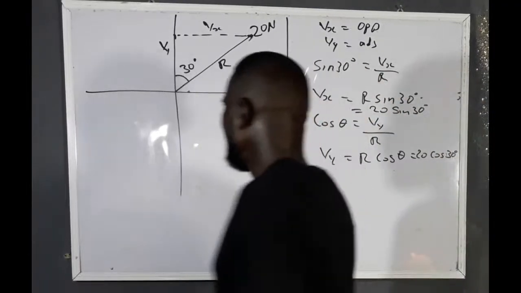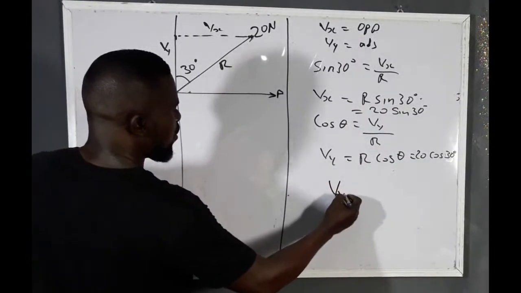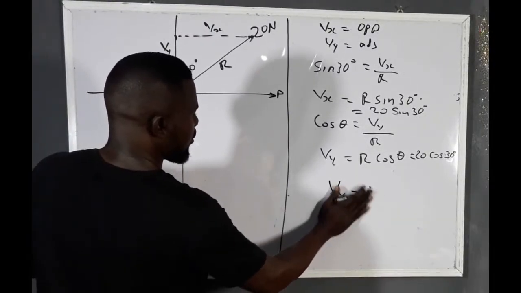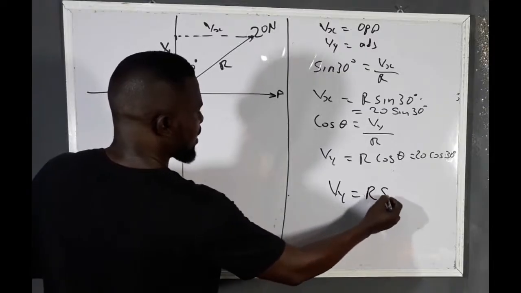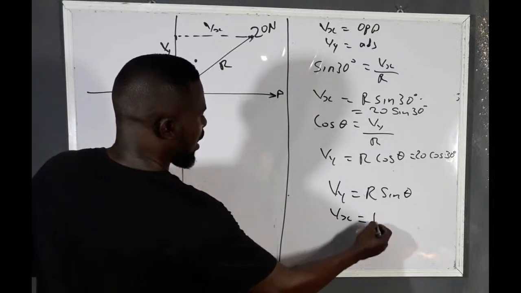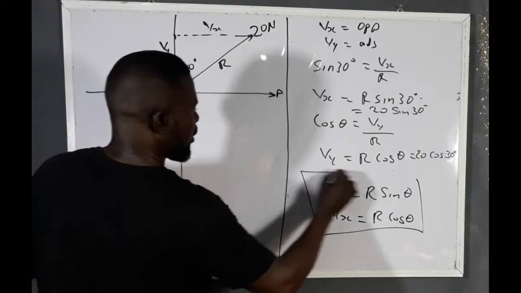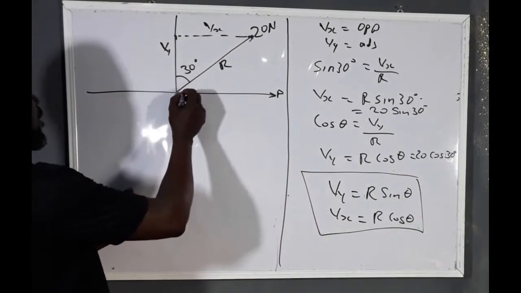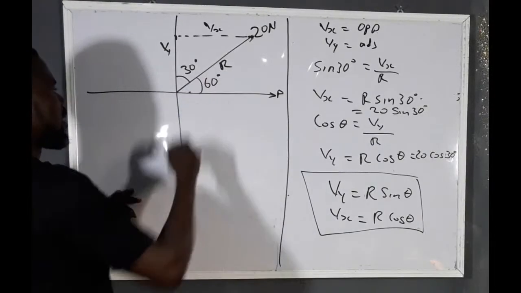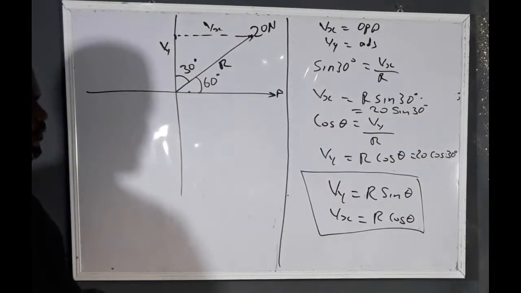Another way that you can calculate it is to use the same formula of Vy equals r sin theta, and Vx equals r cos theta. From here to here is 90 degrees, so this angle will become equal to what? 60 degrees. You can use this one and get the same answer.